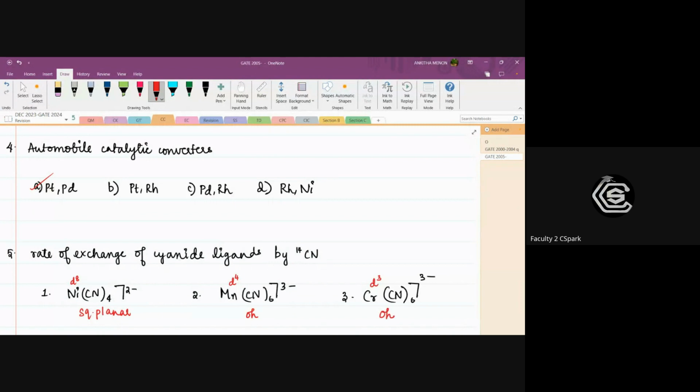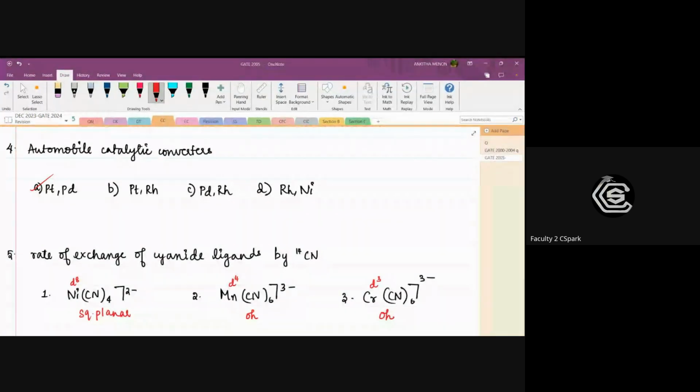So for a ligand to attack, in complexes 2 and 3 the steric hindrance is higher. Do you agree? While in the first one, the square planar, ligands are only along the xy plane. The z axis is free for the upcoming ligand to attack.